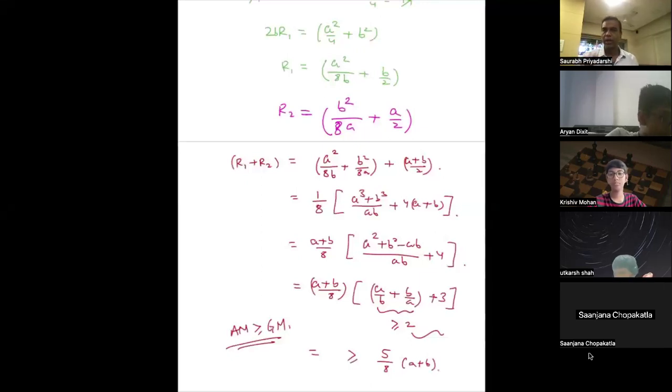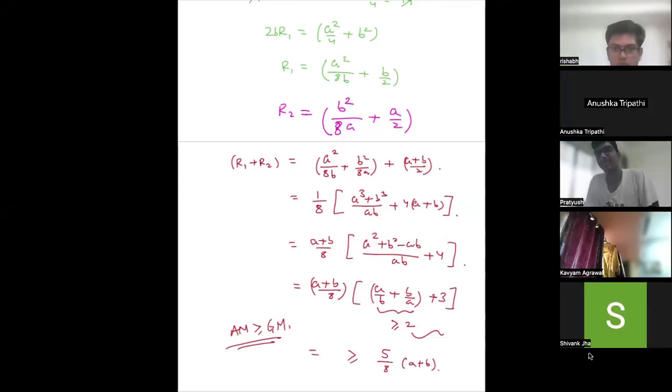If the numbers are given as positive, it means they are saying use AM-GM. Use AM-GM. That's a very good hint. If the sides of any rectangle or triangle are given, Rishabh, this is okay? Yes, sir. One more. Anushka, okay, beta?